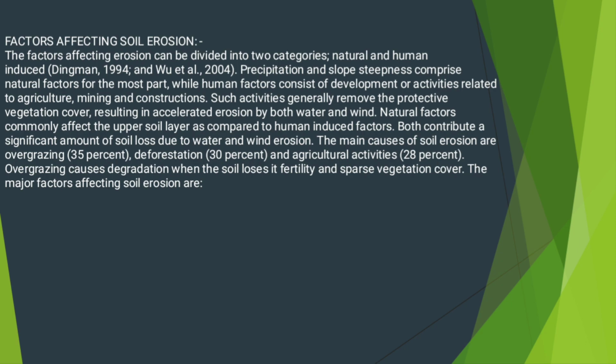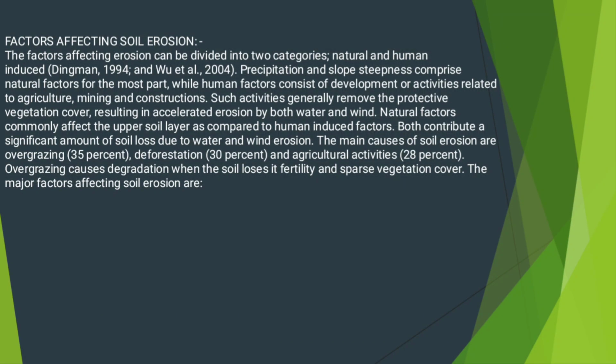So these activities generally remove the protective vegetation cover, resulting in accelerated erosion by both water and wind. Natural factors commonly affect the upper soil layer as compared to human-induced factors. Both contribute a significant amount of soil loss due to water and wind erosion.